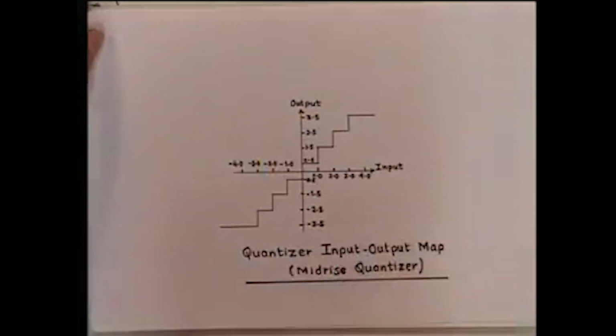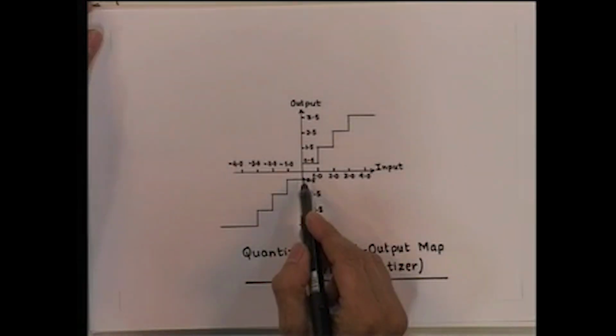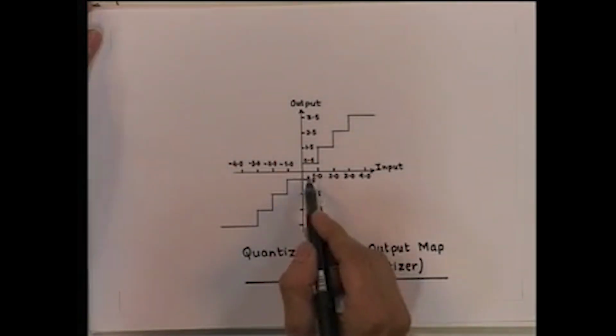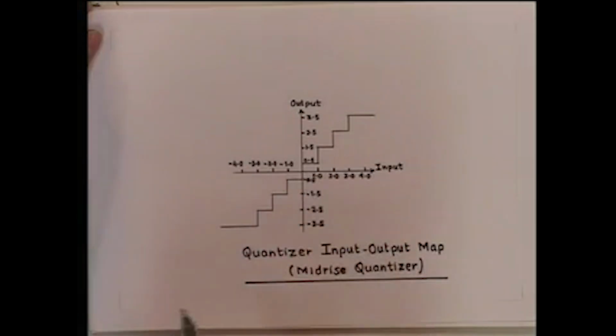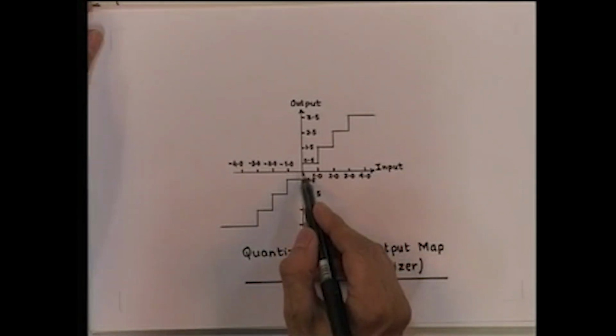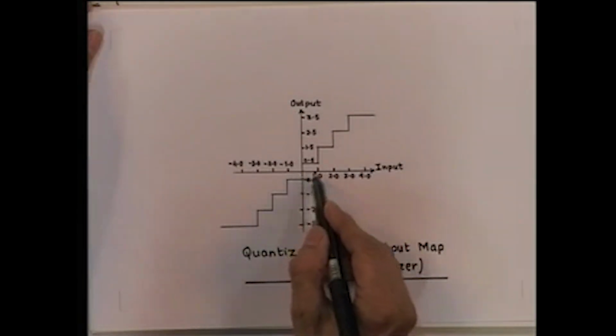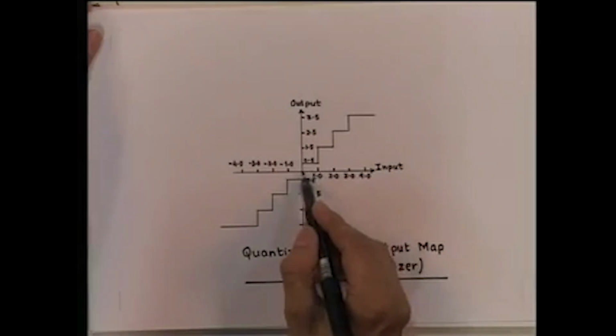So, this is the quantizer input output mapping for a mid-rise quantizer. Quantization step size is 1, and reconstruction levels are the midpoints of this interval.